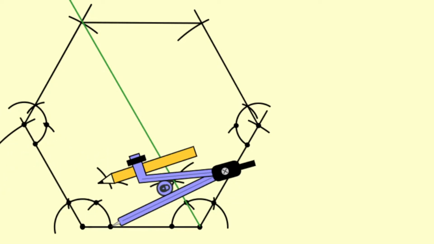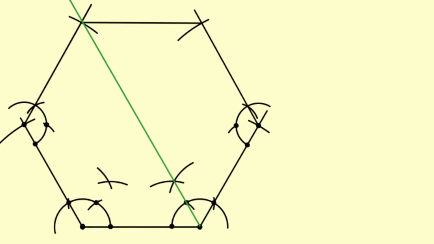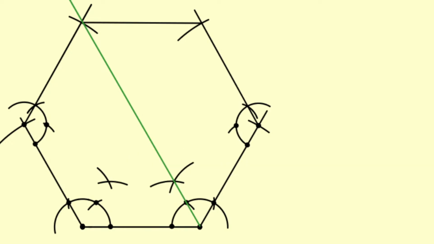Both the arcs should intersect each other. You can see here they are intersecting. Now from the vertex, I have to start the line and it should pass through the point of intersection of the two arcs which I have drawn just now. So the second line of symmetry is also done.